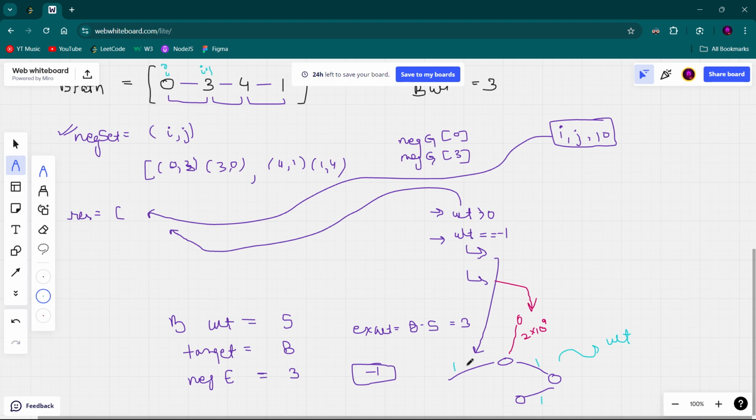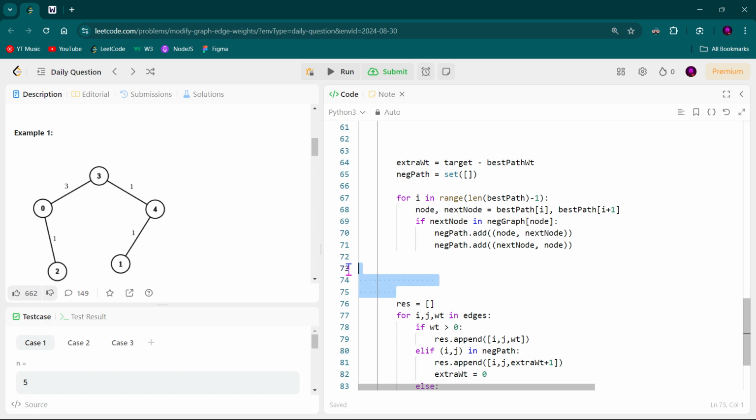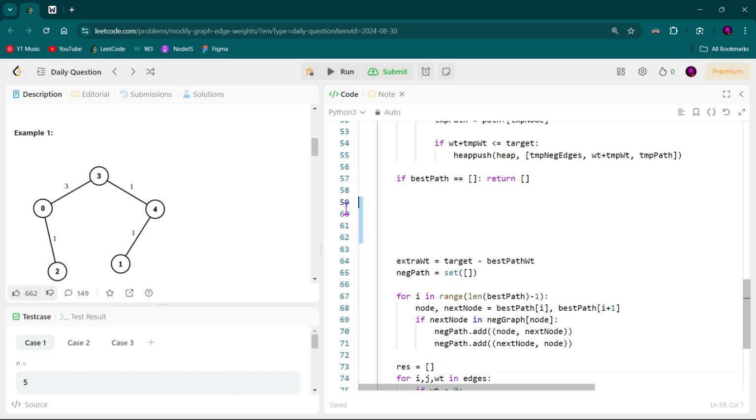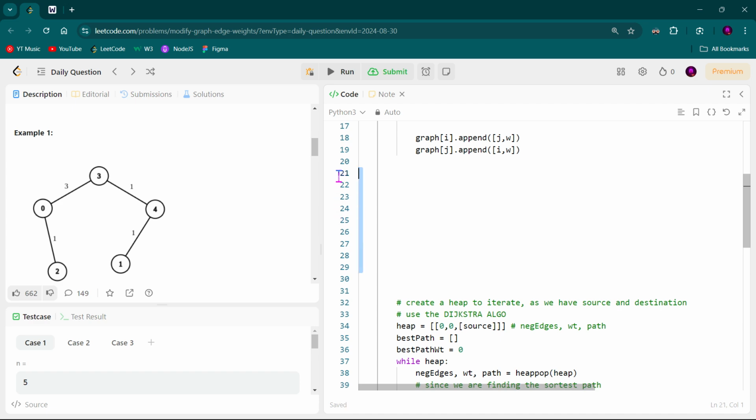So the value should be 1 plus extra weight, like 1 plus 0. And if this is not in use, then I'm going to make it 2 into 10 to the power 9. So this is all the code, let me just compress this for you.